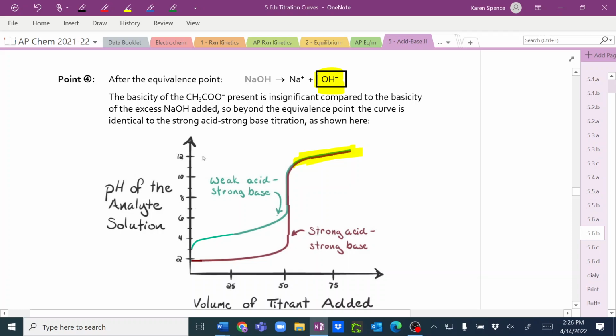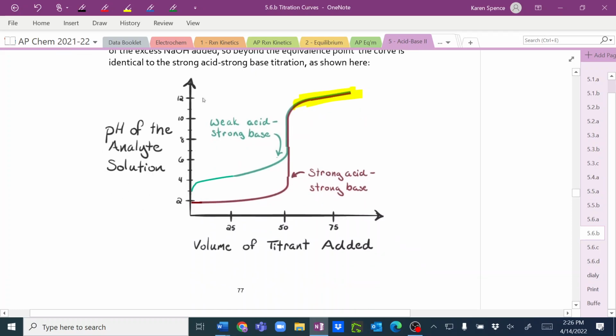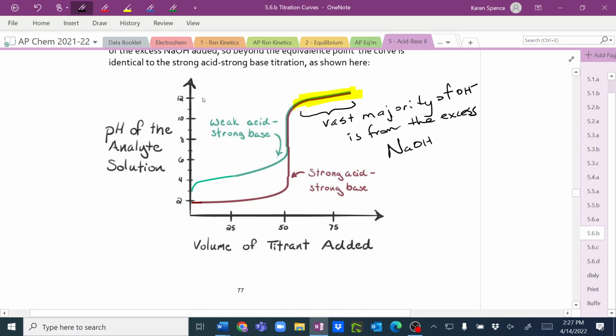So the vast majority of the OH minus is from the excess NaOH.